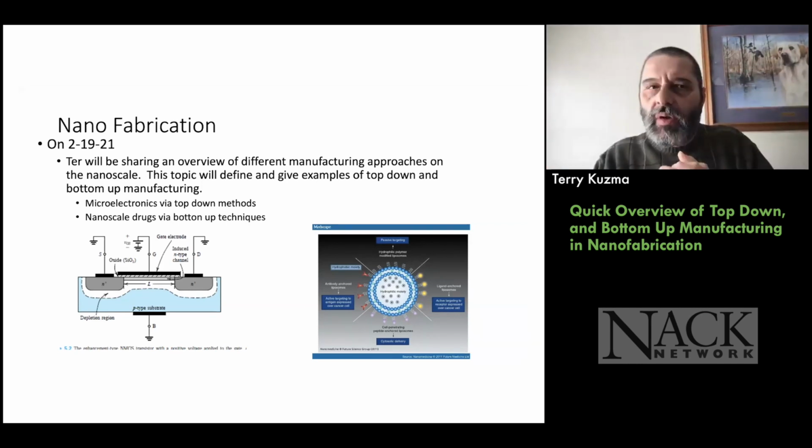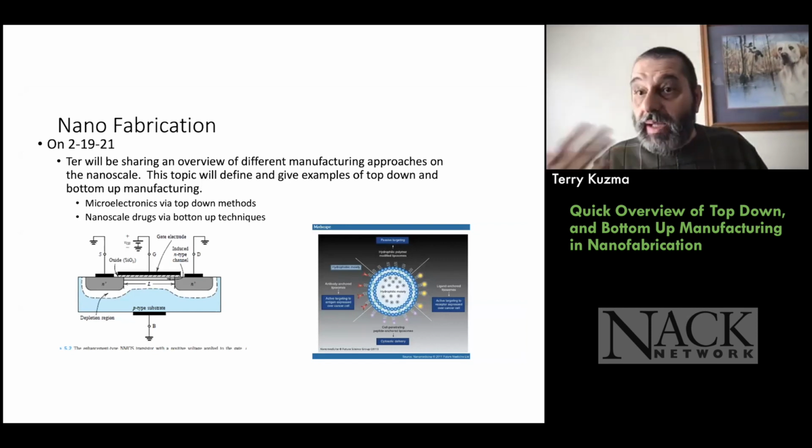So what we're looking at with top down, a classic example of that, is my picture on the left. The picture on the left of your screen is a transistor. That's a metal oxide semiconductor, an MOS transistor. Often you would see words like CMOS, which would be complementary MOS transistors.